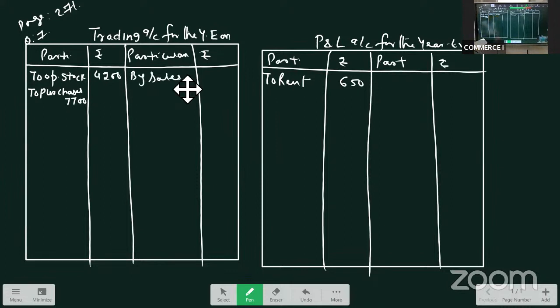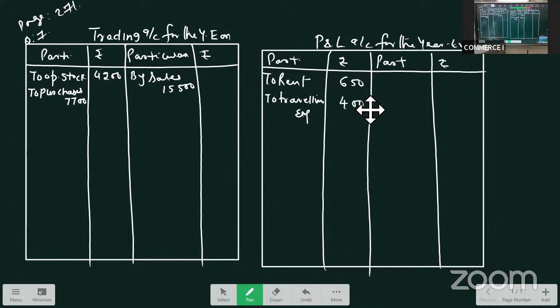The value of sales given is 15,500. I'm taking it in the inner column again because we may have sales return. Then traveling expenses. Traveling expenses will appear in P&L account. It is an administrative or selling and distribution expense, so I'll take it in P&L account, 400.